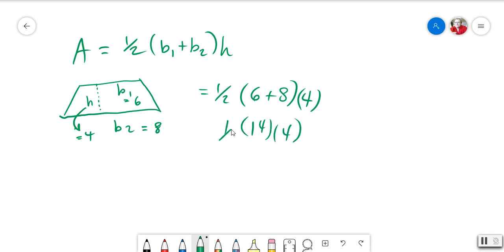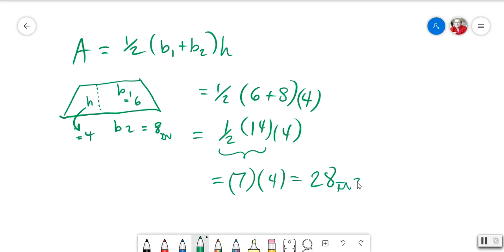Now you've got all multiplication, and it doesn't matter what order you do that in because of the commutative property. Half of 14 is 7. So you've got 7 times 4 is 28. And if those units had been, say, inches, 28 square inches. So that is your area for a trapezoid. For the perimeter, you would just have to be given all 4 sides. You'd have to add them.